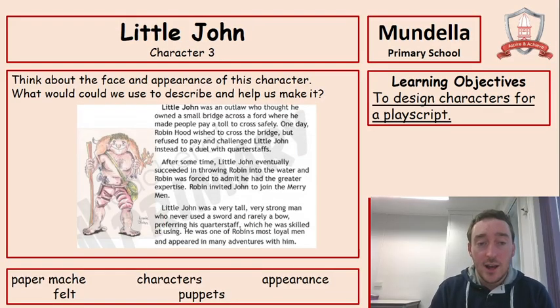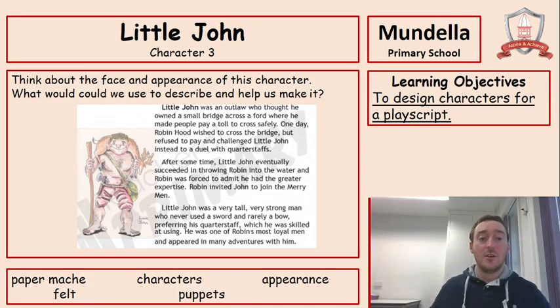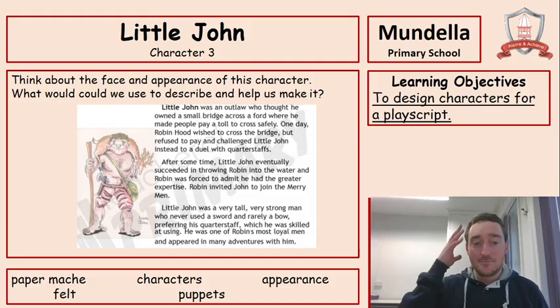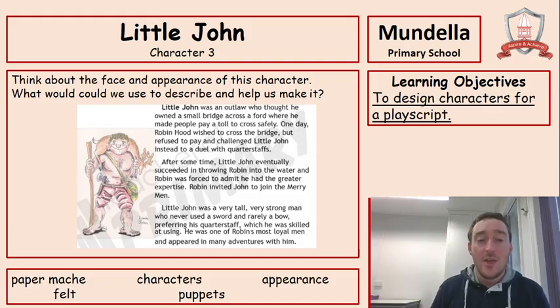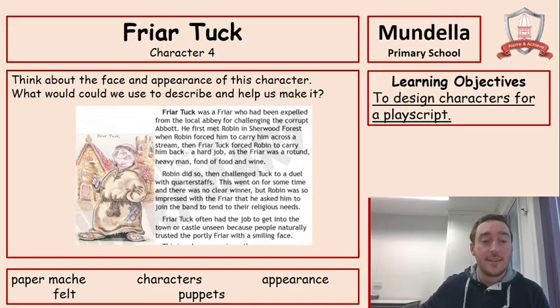If you want to try Little John, who's obviously a lot bigger, a lot stronger, and he's probably going to have a bigger head than the others, then pause the video now. If you want to try Friar Tuck, read the information and pause the video now before trying that.